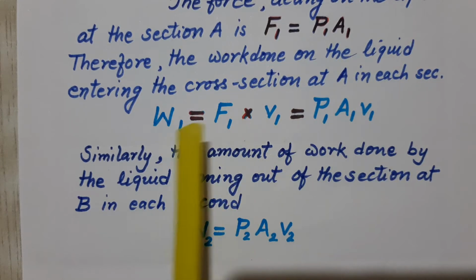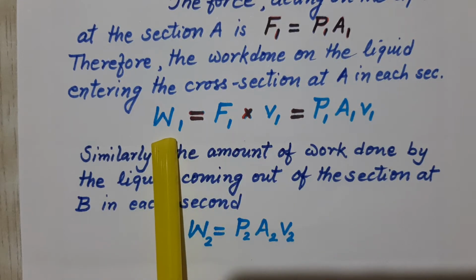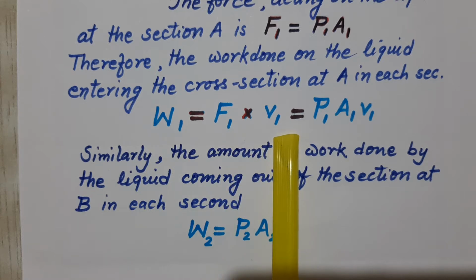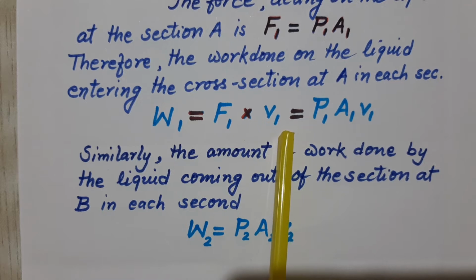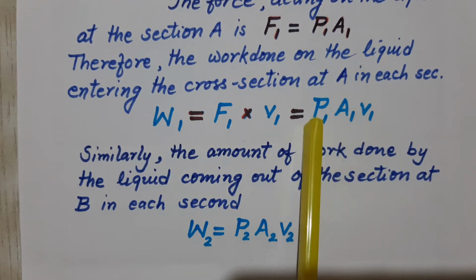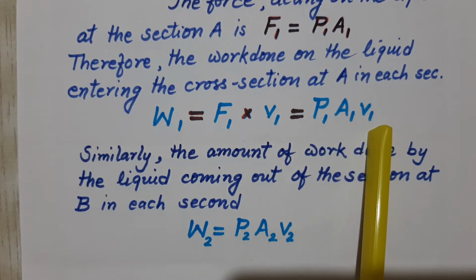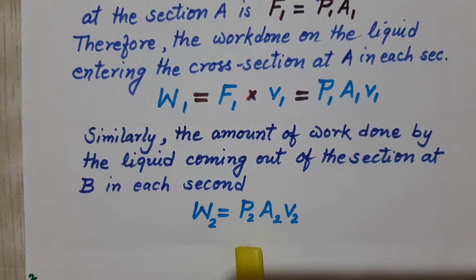The work done equals force into displacement. Velocity is V1. Then in unit time, the displacement of liquid is V1. So W1 equal to F1 into V1. Force is P1 into A1, so P1 into A1 into V1. Now for the second cross-sectional area where the liquid is going out, W2 equal to P2 into A2 into V2.